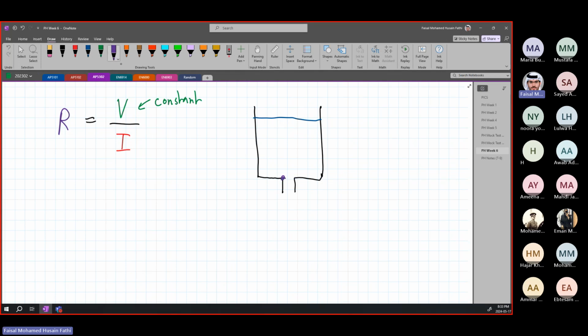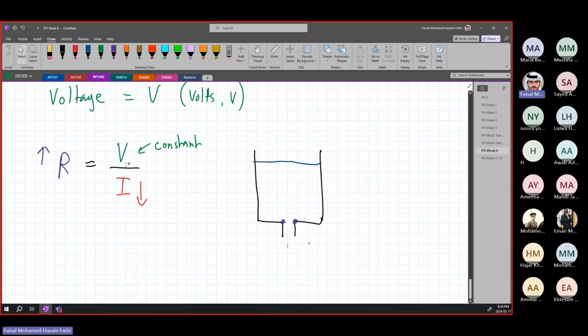If this resistance is increased, if we make this smaller, the current flowing is going to decrease. So if we are increasing resistance, the current is going to decrease, right? Because current at the beginning was flowing very easily, but if we make it smaller, current is going to be much smaller. This is why this relationship exists, because as resistance increases, current decreases. In math, this is known as an inverse proportionality, all right?